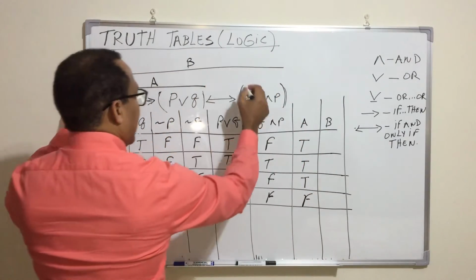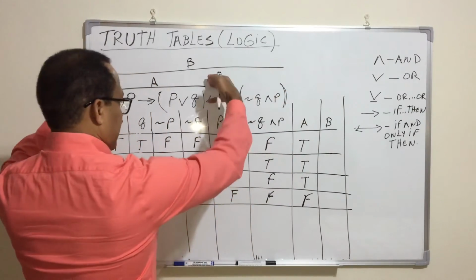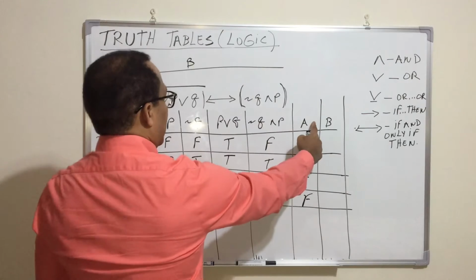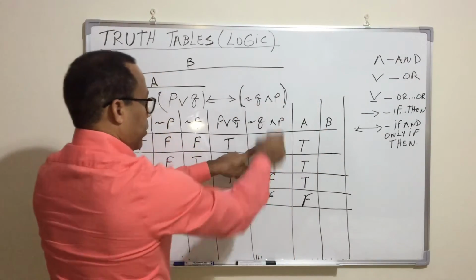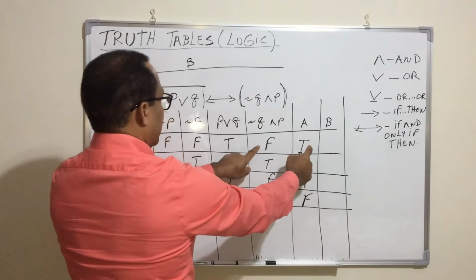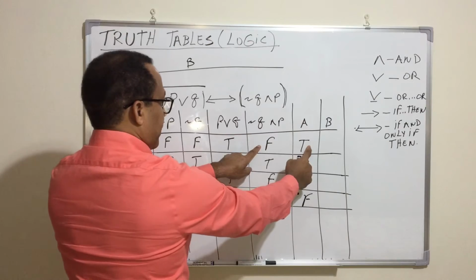Working with letter A, it's right here, and this part of the statement, no Q and P. The symbol between them is if and only if.